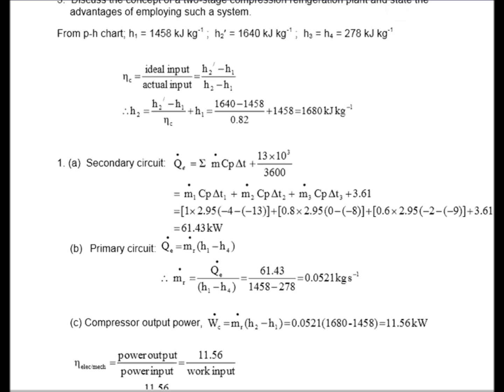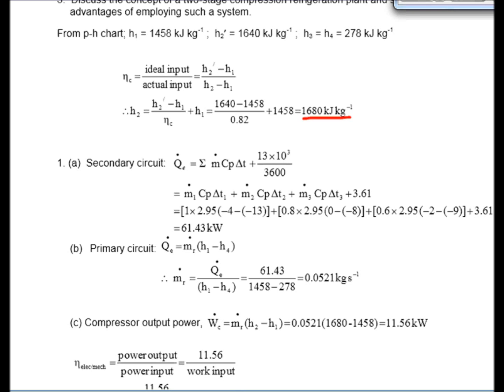Transposing that equation for H2, we get H2 equals (H2' minus H1) over efficiency, plus H1. If we input all these values, then we get our actual enthalpy at exit from compression as 1680 kilojoules per kilogram.